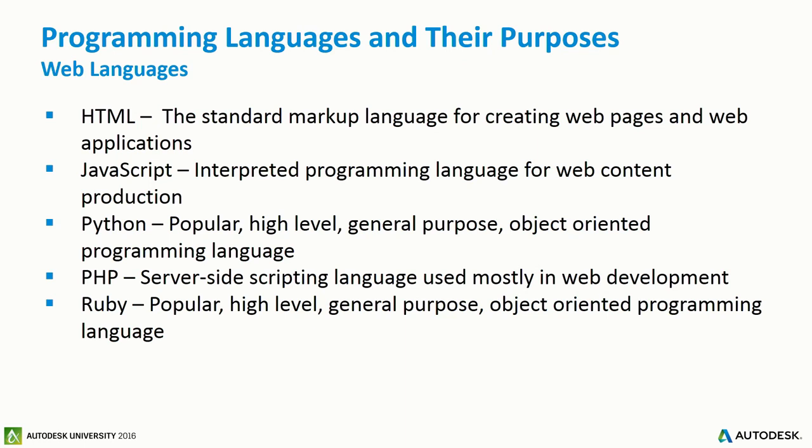So, programming languages and their purposes, just real generally. I'm going to talk about web languages just for a second because more and more things are increasingly moving to the web. I know AutoCAD is kind of set in stone. There are things, and we'll talk about those on the next slide, like InfoWorks and some of these web-based applications that AutoCAD is coming out with now, that you're going to have to interact with a little bit differently than the traditional programs.